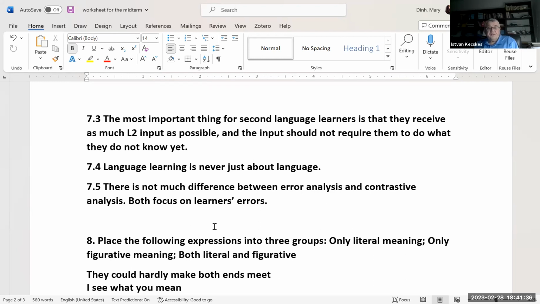And as far as error analysis is concerned, the actual reason for errors varies, because it can be all kinds of different things: teacher-induced errors, as I mentioned, overgeneralization, fossilization, and several others.